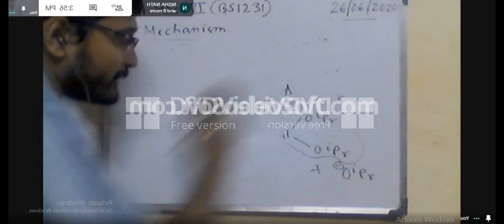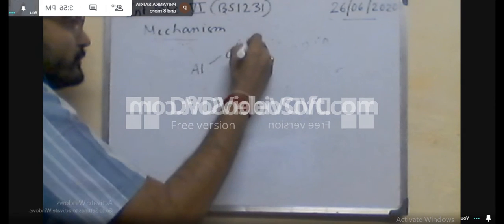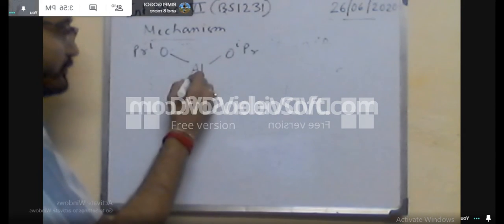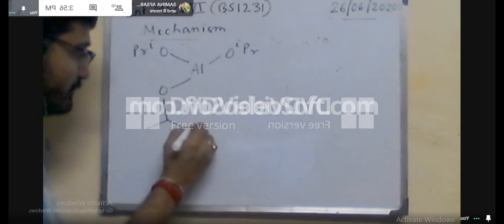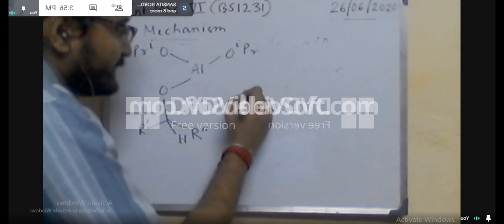After formation of this, this step is the oxidation step. Now here you can see that if I break this bond, this is plus now.